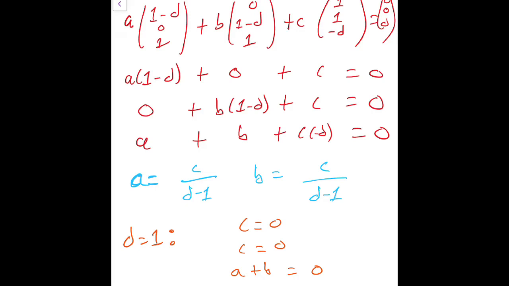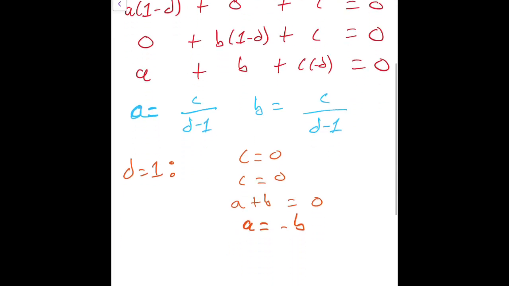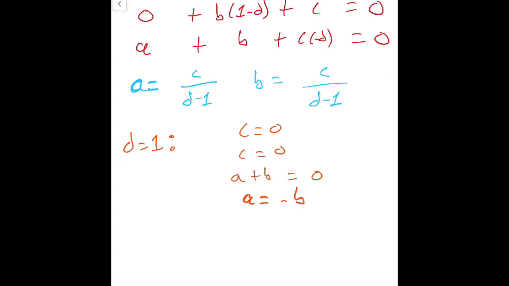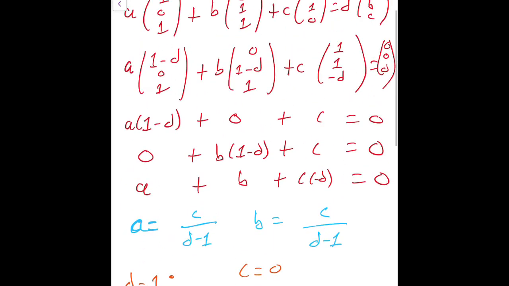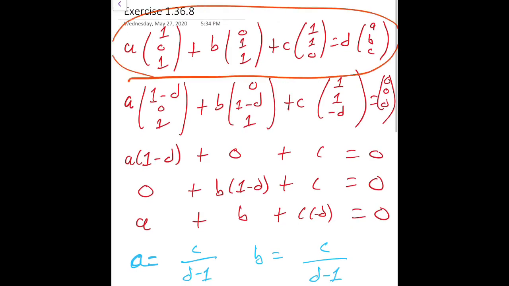So this tells us that, for example, A is equal to minus B. Any values of A, B, and C that satisfy A equals minus B and C equals 0 is going to be a solution. So we can write this as (A, minus A, 0). Any vector of that form is going to be a solution. For example, if A is equal to 1, B is equal to minus 1, and C is equal to 0, that is going to satisfy this equation when D is equal to 1.